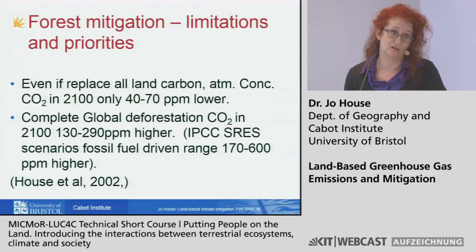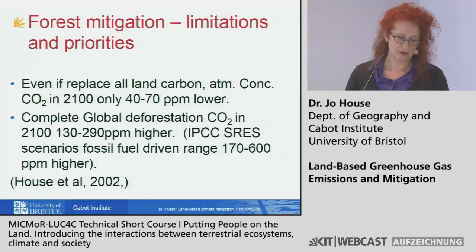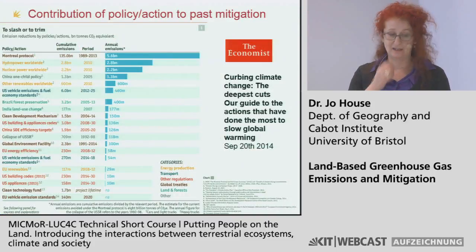So the land can do a lot. I think it's really important, but it's limited. Complete deforestation would give you a higher concentration of 130 to 290 ppm. So stopping deforestation has more of an impact than even if you afforested all the land. So land can do a lot, but there are limitations.